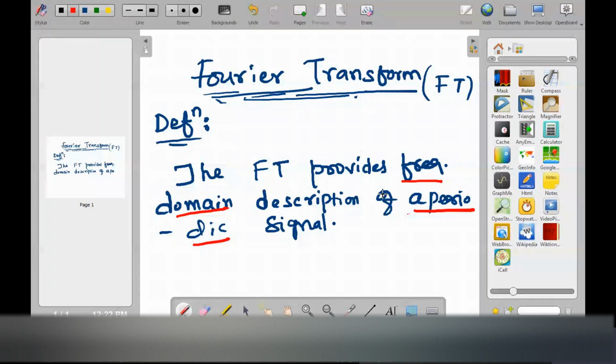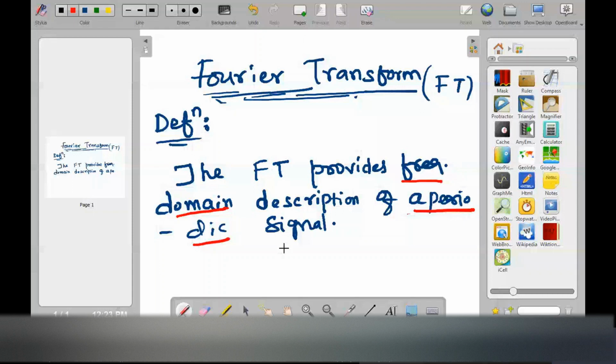If I take any signal which is of type aperiodic, you might have seen that signals are of two types. One is the periodic signal, and the other is the aperiodic signal. If I want to represent an aperiodic signal in its frequency domain, that is called the Fourier transform.